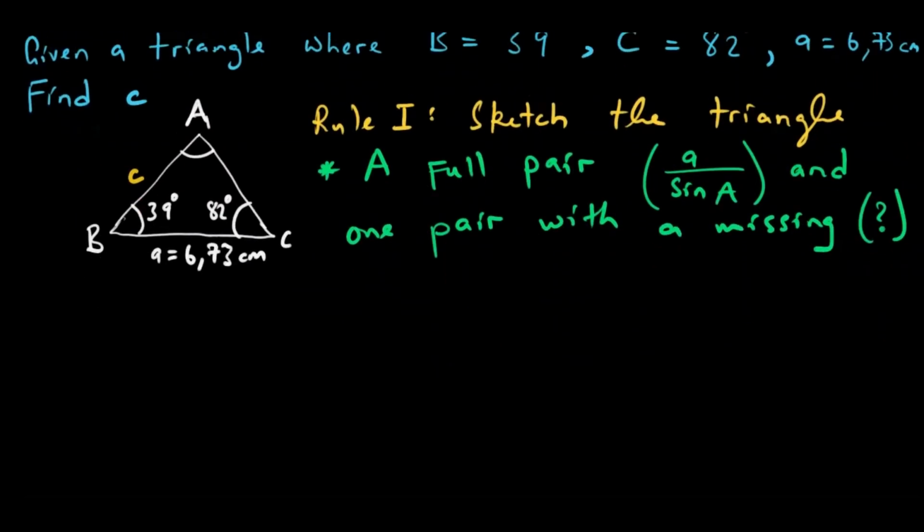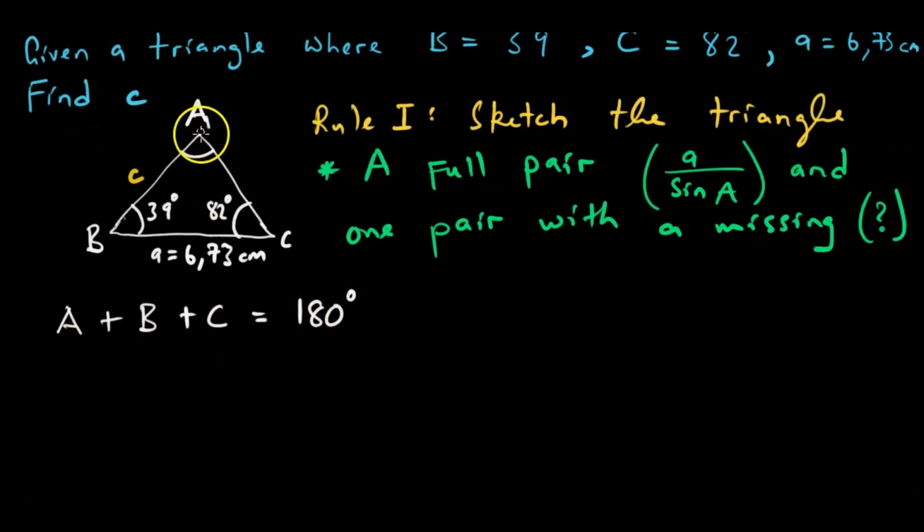Answering that question, we first need to know who angle A is. We know from primary that the sum of interior angles of a triangle is equal to 180 degrees. We know this from primary. So if we say angle A plus B plus C, it should be equal to what? 180 degrees.